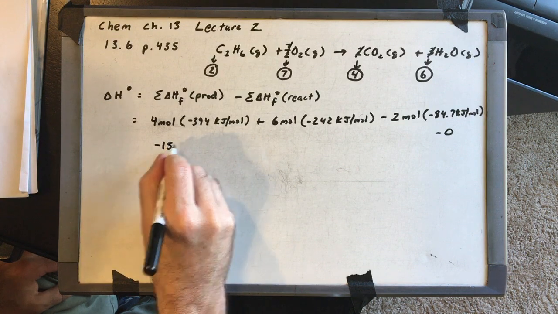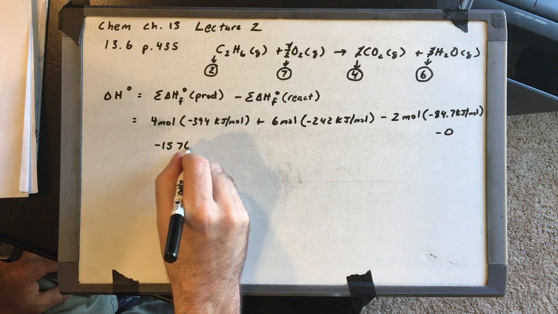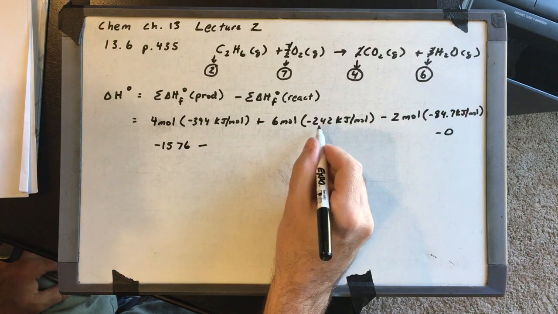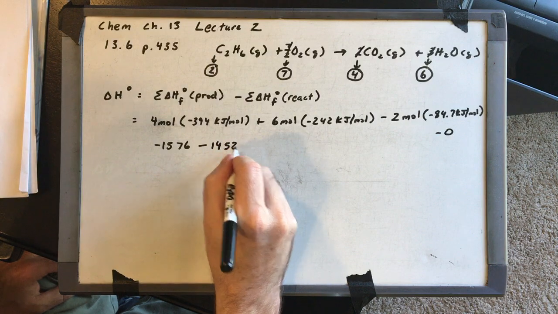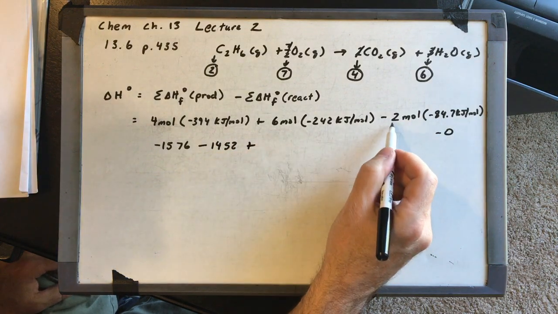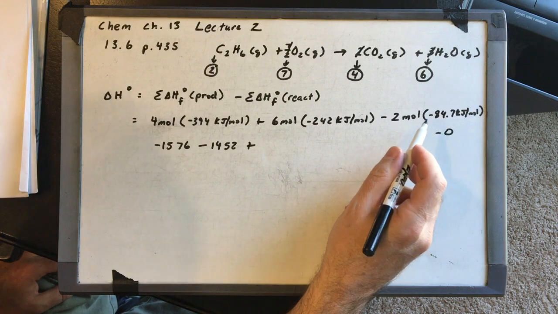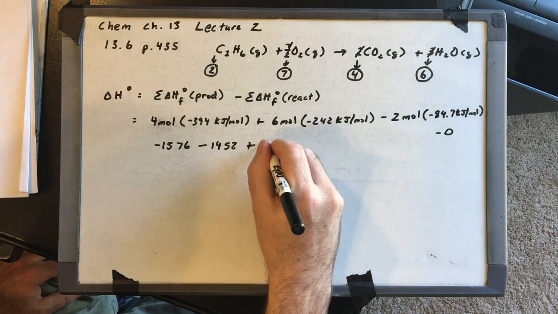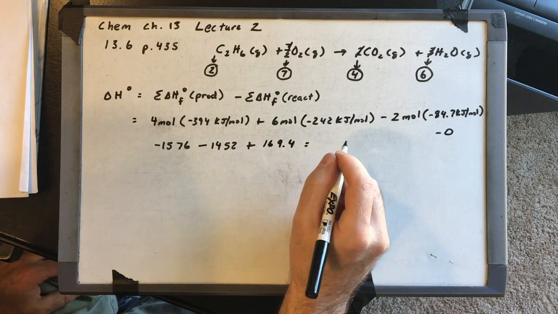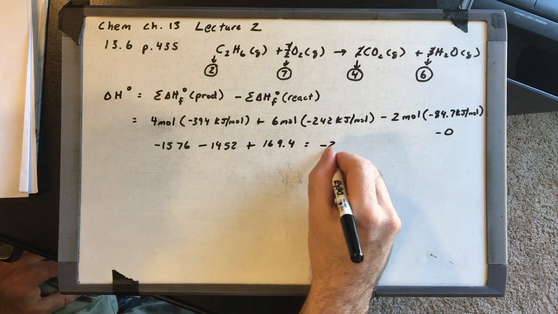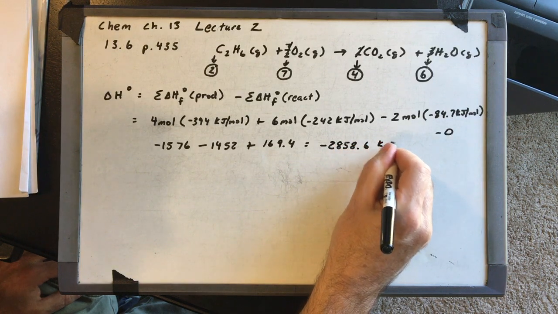We've got 4 times negative 394, negative 1576. 6 times negative 242, negative 1452. Plus, minus minus makes a plus, 2 times 84.7, so that's 169.4. That's negative 2858.6 kilojoules.